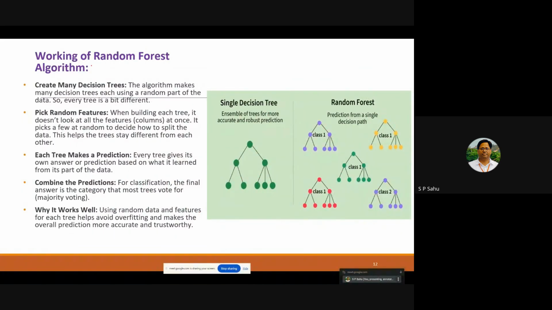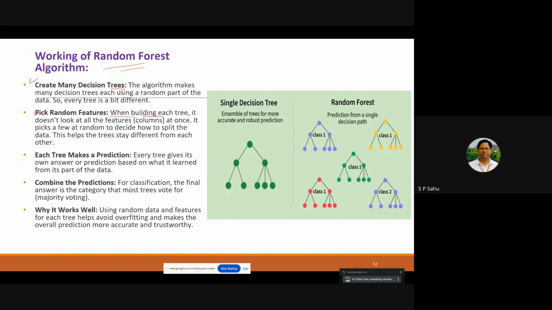Here, as I have explained, we create many decision trees and pick random features. Each decision tree will have its own sample associated with different features. So when making a random forest, we are not only picking samples randomly, but also picking random features, which may have a good impact on making the decisions.